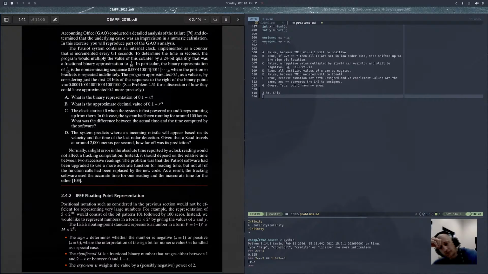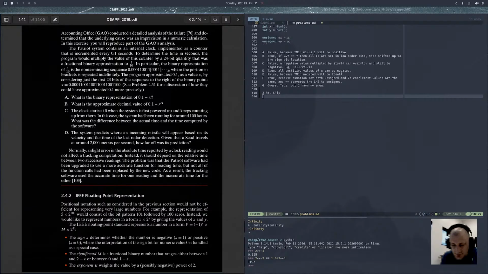It determined that the underlying cause was an imprecision in a numeric calculation. In this exercise, you will reproduce part of the GAO's analysis. The Patriot system contains an internal clock implemented as a counter that increments every 0.1 seconds. To determine the time in seconds, the program would multiply the value of its counter by a 24-bit quantity that was a fractional binary approximation to 1/10.